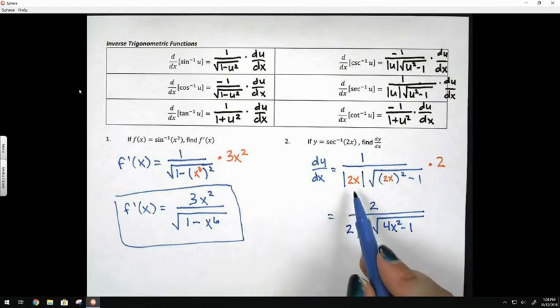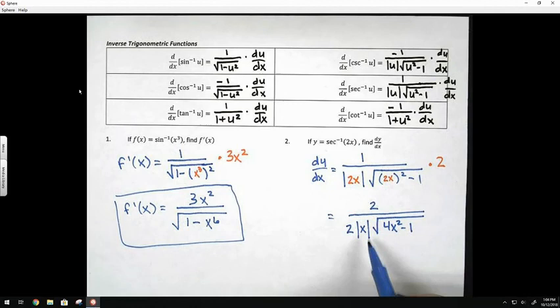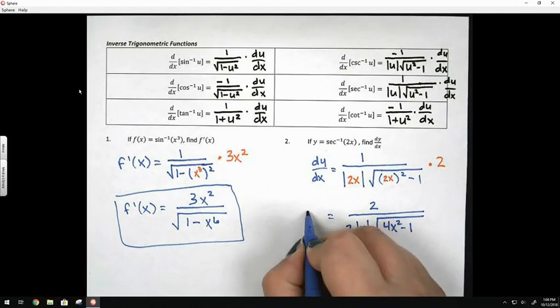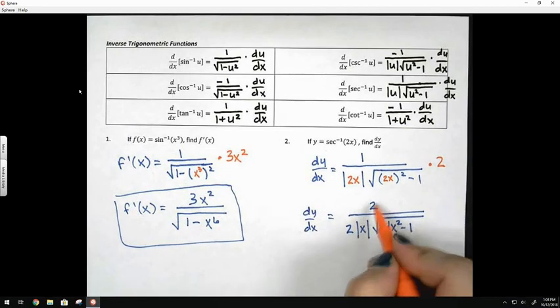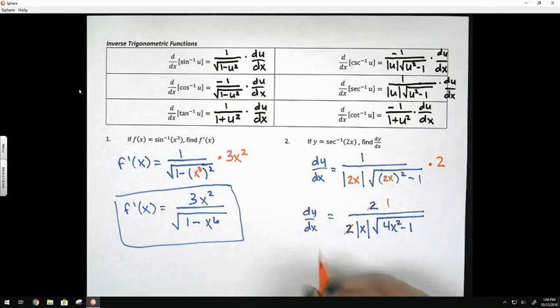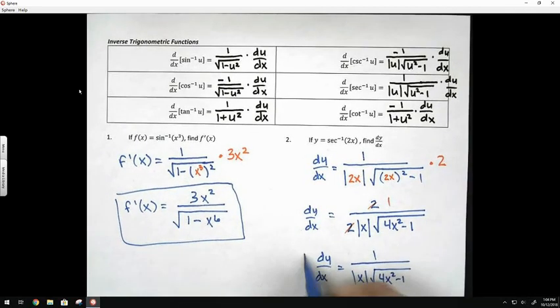I can take it out of my absolute value signs and just leave the absolute value around the x, because that's what I need to worry about changing the sign of. All right, and then when we look at that, those 2's cancel, which means dy/dx is just 1 over the absolute value of x times the square root of 4x squared minus 1.